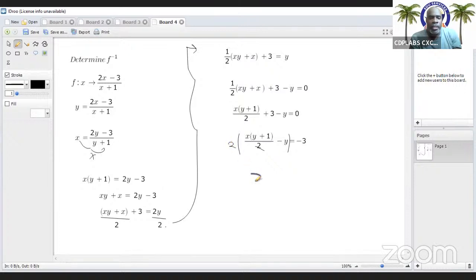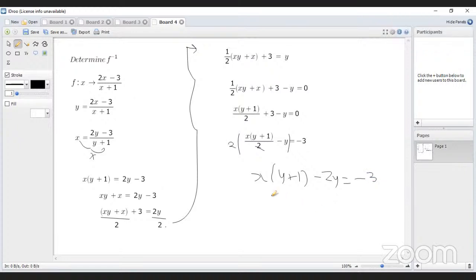So you end up with x bracket y plus 1. And then you're going to use this 2 to multiply by negative 2. So you have negative 2y equal negative 3.